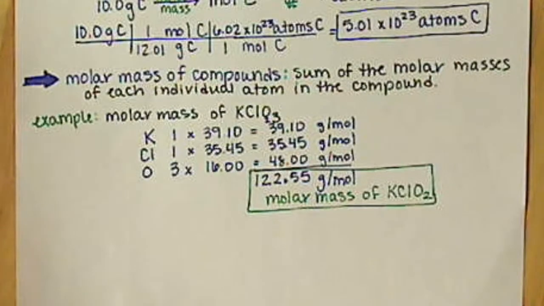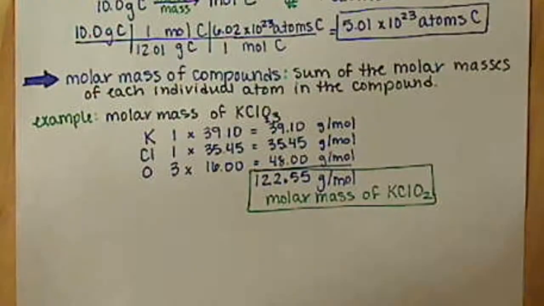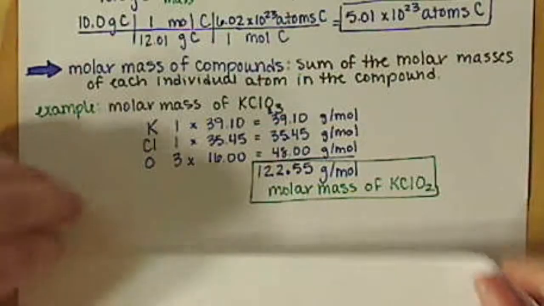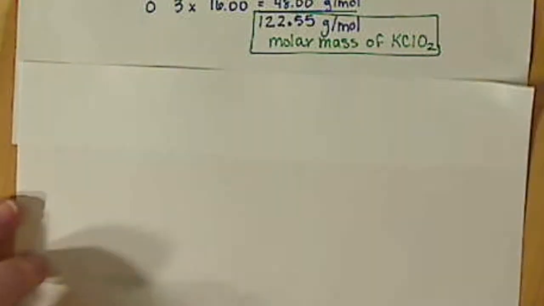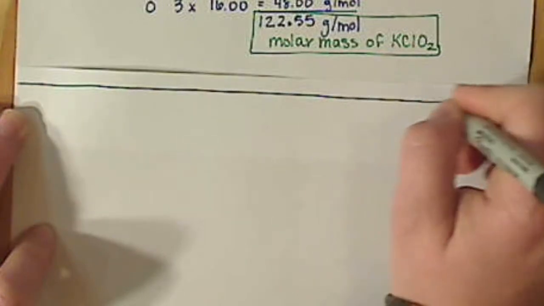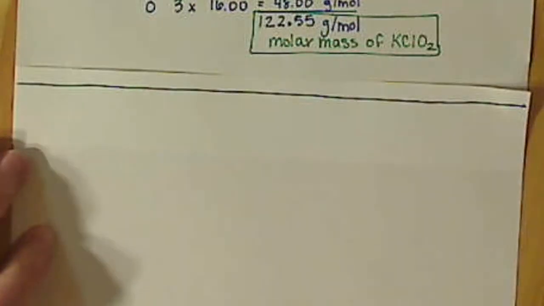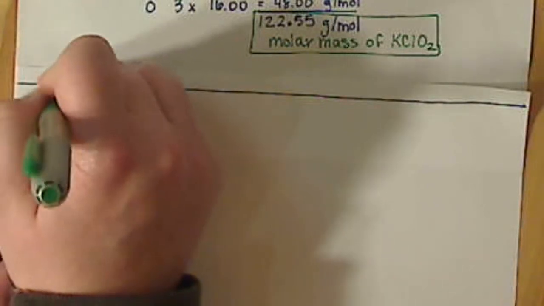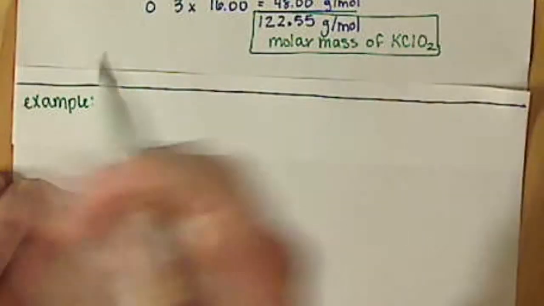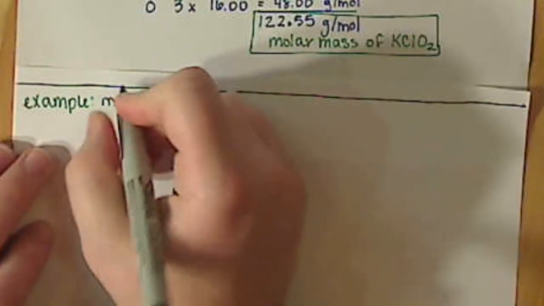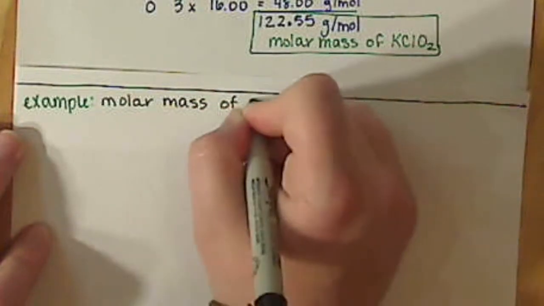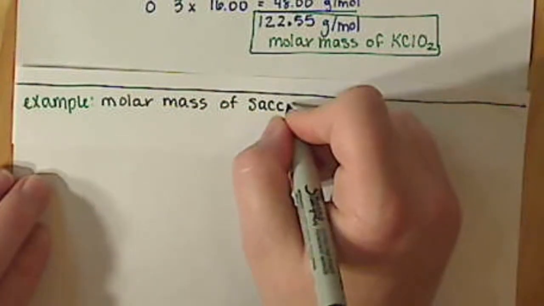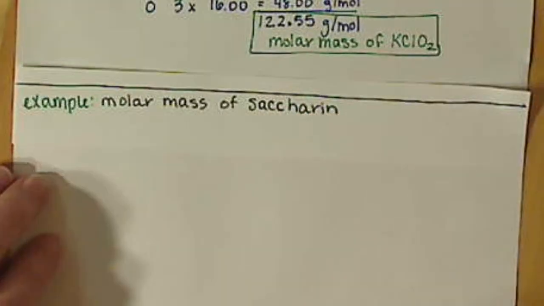So let's try another example. Let me get a new sheet of paper here. Let's look at the molar mass of saccharin, one of your substitute sugars.